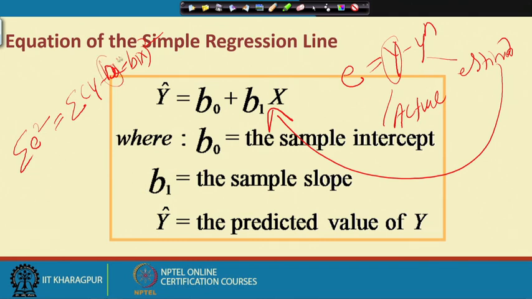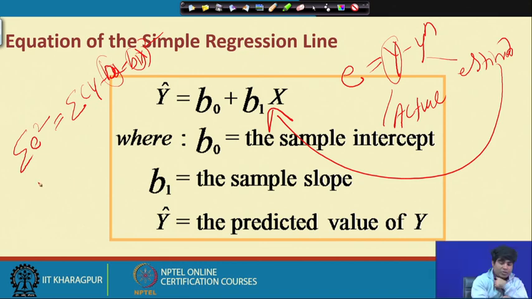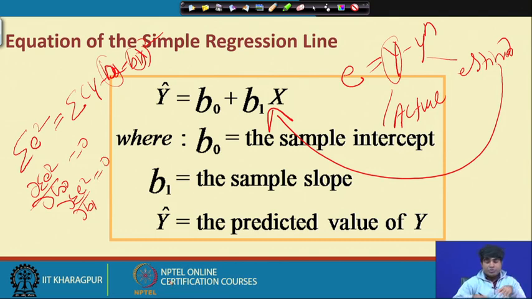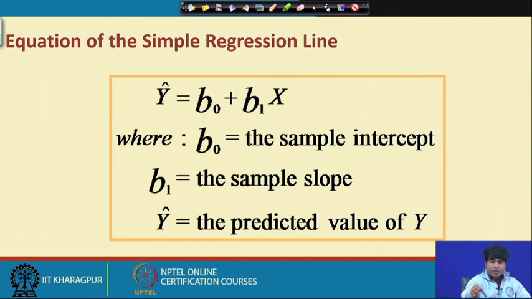Since our requirement is b0 and b1, we have to minimize with respect to them: the derivative of summation e squared with respect to b0 equals 0, and the derivative of summation e squared with respect to b1 equals 0. Once you simplify, you will get two different equations in these two parameters, and solving these two equations with the help of data, by default you will get the values of these parameters. In the next slides I will let you know how these come about.